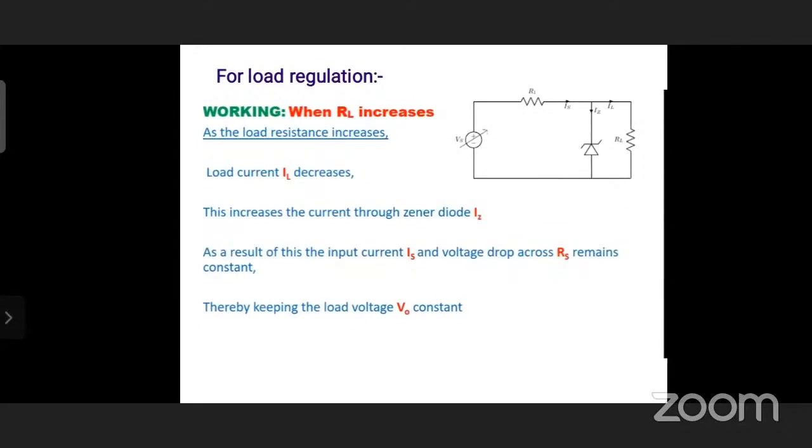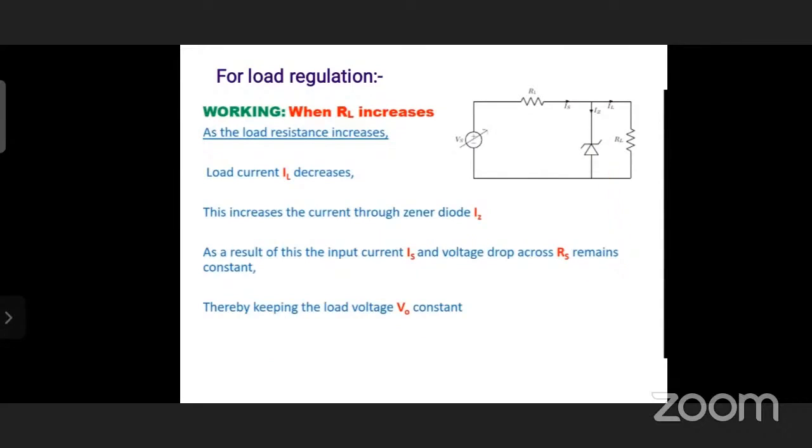Also, for load regulation, when we vary the load resistance RL and increase it, the load current IL decreases. This increases the current through the Zener diode, that is IZ, and as a result the input current IS and the voltage drop across RS remain constant, and once again we get a constant load voltage V0.